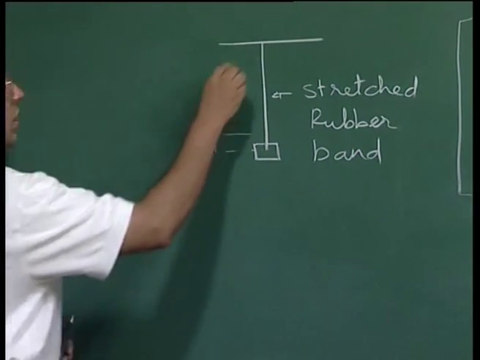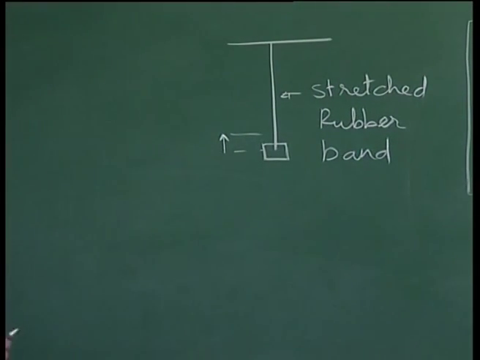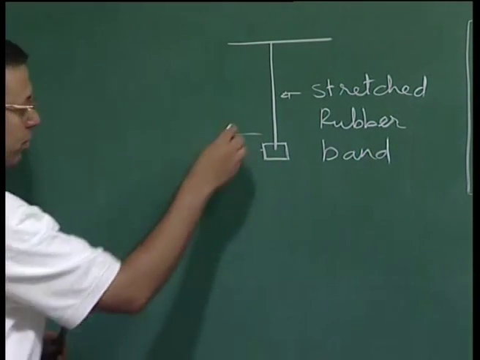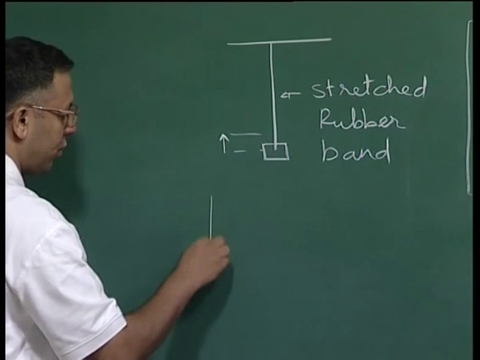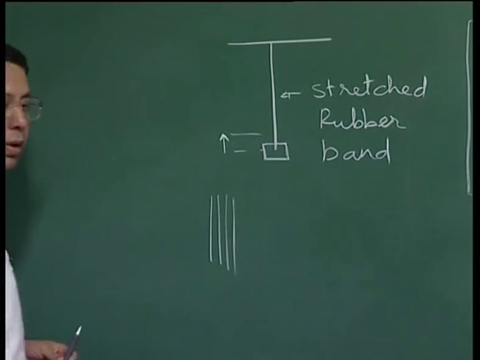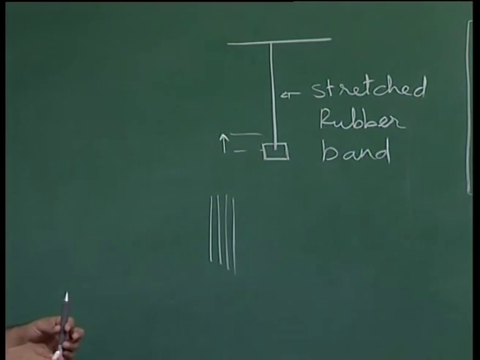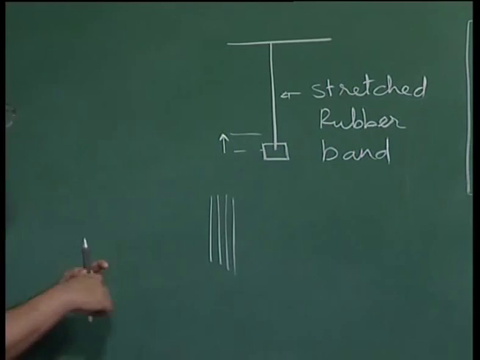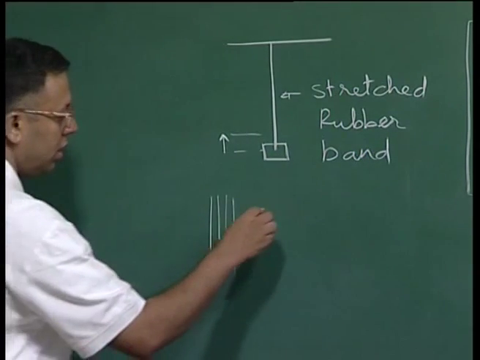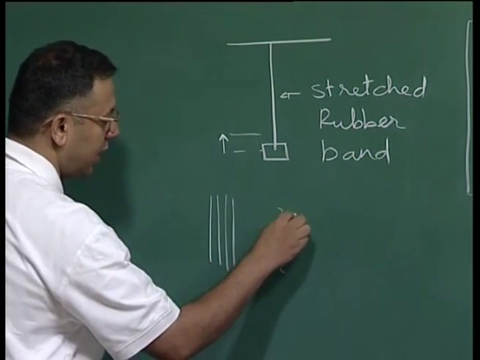So, this is my rubber band, and the crude explanation I will give here, which is again related to entropy, is that suppose I have a stretched state of rubber, I can approximate it to all the polymeric chains being extended, and the extreme example would be a straight extended chain. When I heat the system, as you know, based on the conformations of the carbon-carbon bond, this can actually take a coiled configuration.